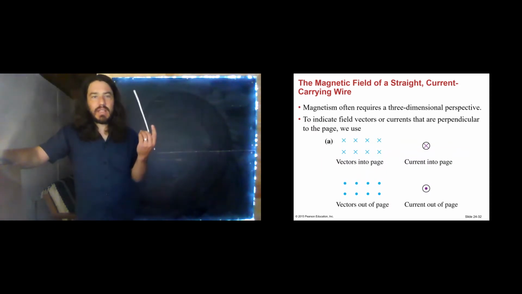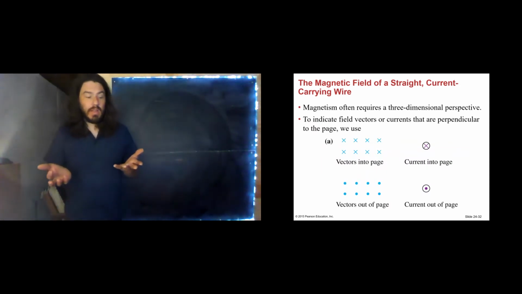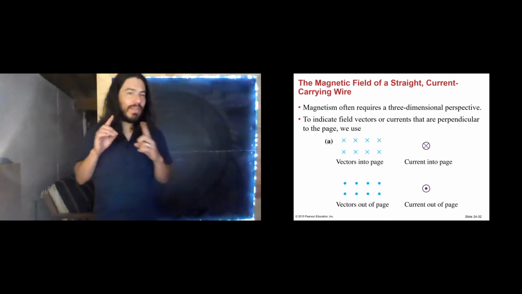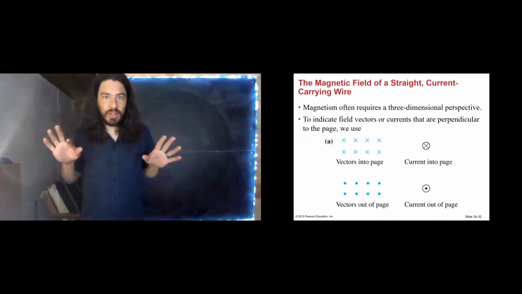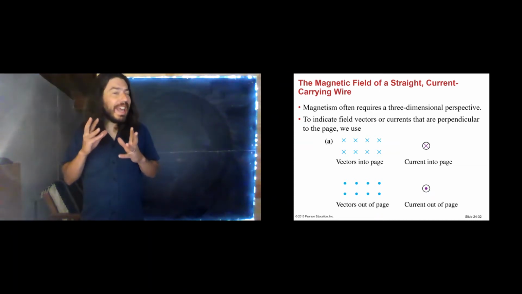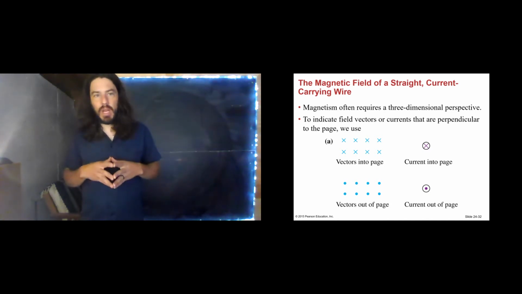Now, magnetism is fundamentally a three-dimensional phenomenon. It just is, which is surprising. It's actually the first thing since rotation, way back in like chapter 6 or 7 or something, that we've encountered that is fundamentally a three-dimensional phenomenon.